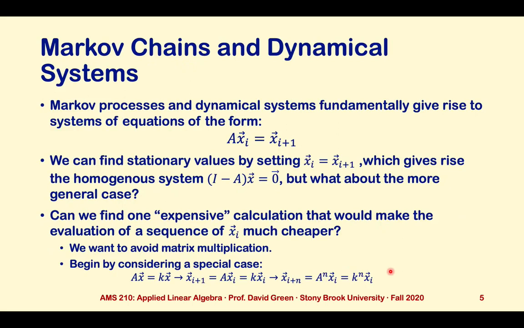Now, this is all fine for that type of system. We also, earlier in the class, introduced two other kinds of problems that also are linear systems, but have a different form. Markov processes and dynamical systems give rise to a different type of system of equations. They get expressed in this form: A times x_i equals x_(i+1).